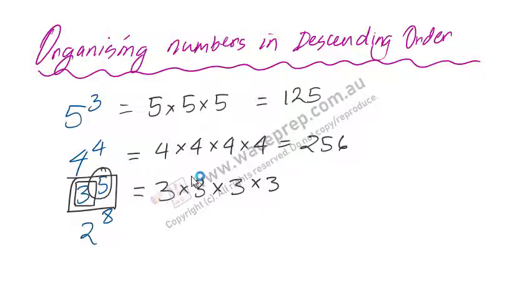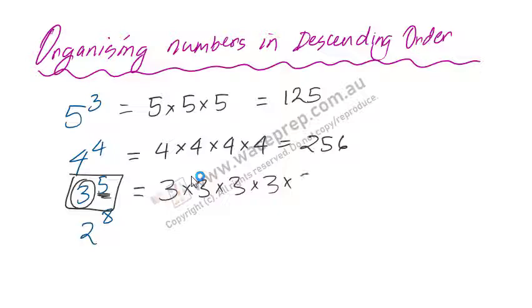So now 3 to the power of 5 means there are 5 3s. So 3 times 3 times 3 times 3 times 3, 5 3s. Now 3 to the power of 5 will give us 243.